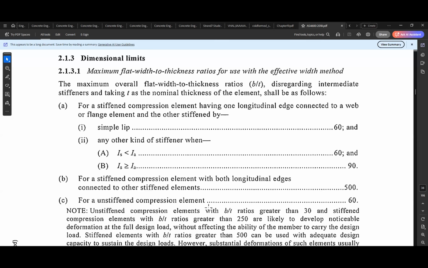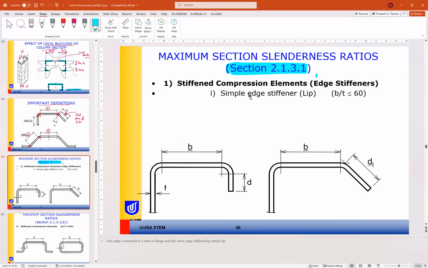If we go back here, so here is a stiffened compression element with an edge stiffener, like the flange. So b over t should be less than or equal to 60. So if this is t and this is b, b over t should be less than or equal to 60.